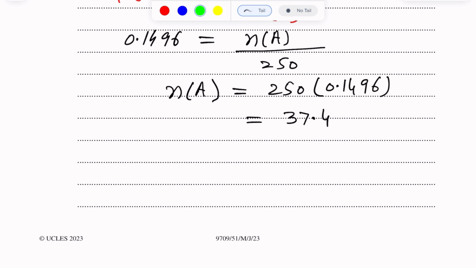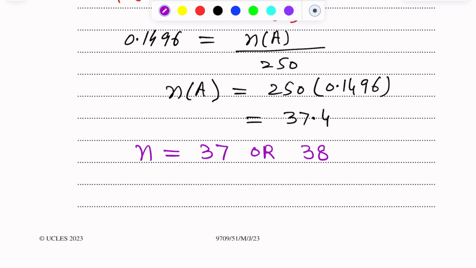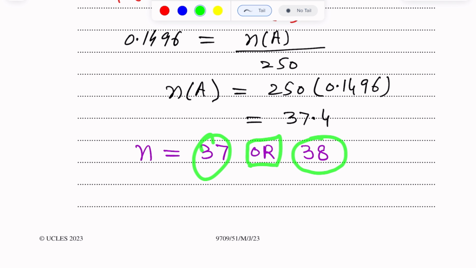We can take the value of NA as 37, or we can also take 38. Both answers are correct. 37 or 38 is the answer.